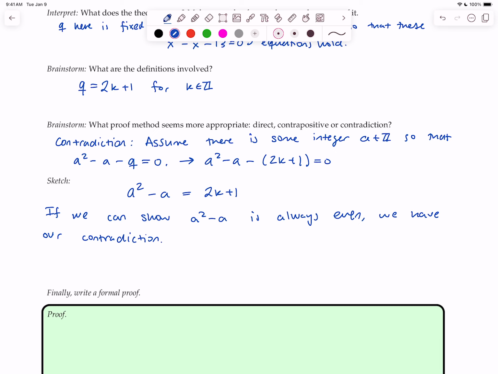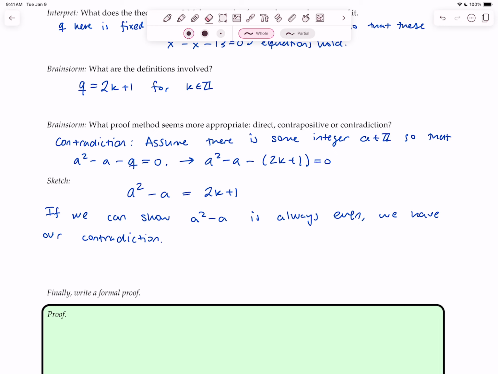Well, you could try some cases. If you do 2 for a, you get 2 squared minus 2. That would be 4 minus 2, that's 2. Well, that's even. Okay. What if you did 3? Then you get 9 minus 3, which is 6. That's also even. Interesting. So it looks like it works out.